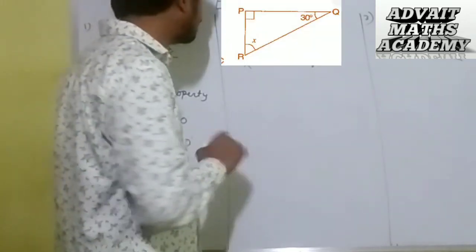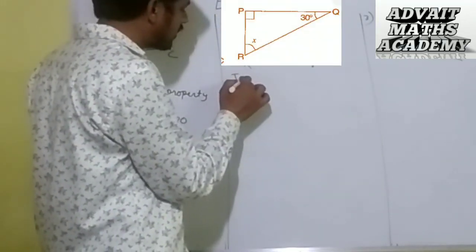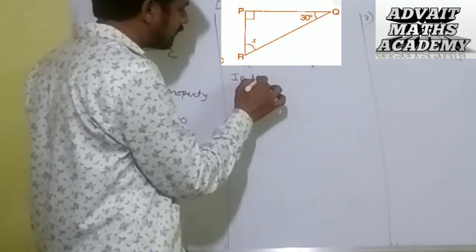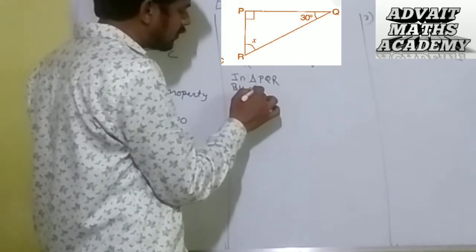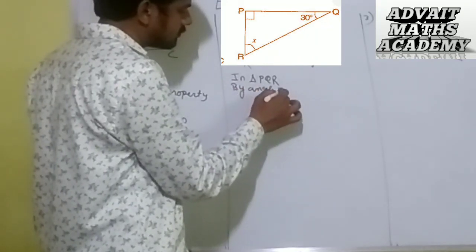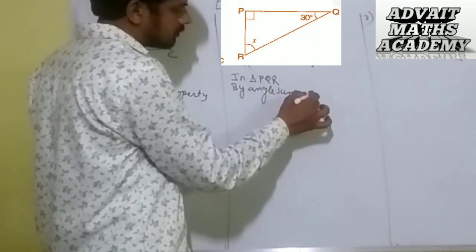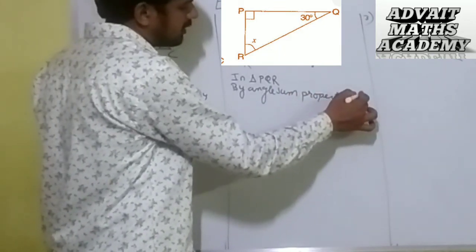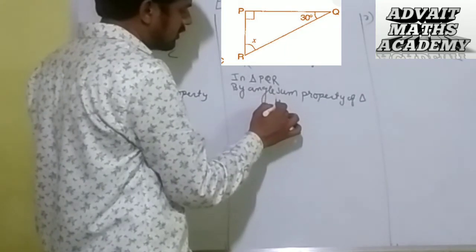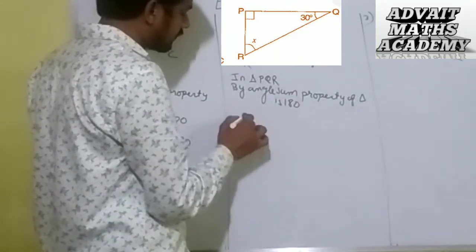Similarly, in the second one, in triangle PQR, by angle sum property of a triangle, the sum is 180 degree.